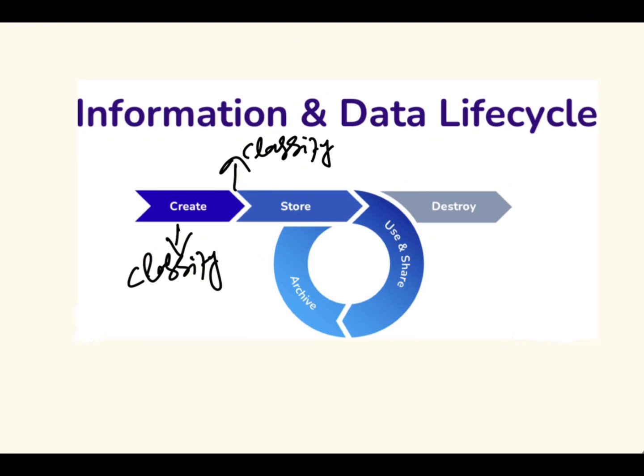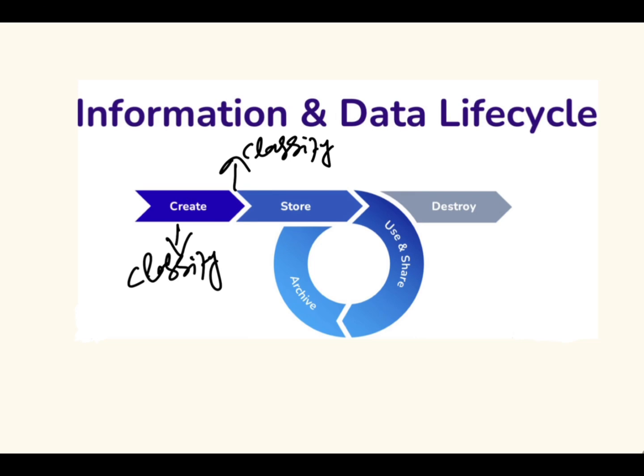Once data is generated or collected, for example user input, a document, or sensor data, what needs to be done first? Data classification. In companies and bigger organizations, we are not supposed to leave data unattended without labeling.